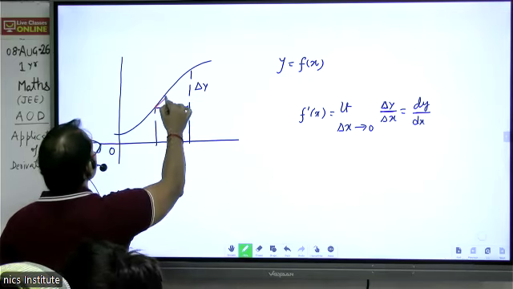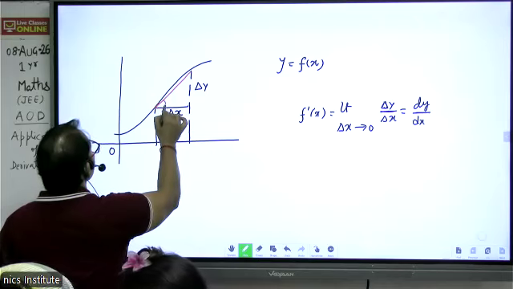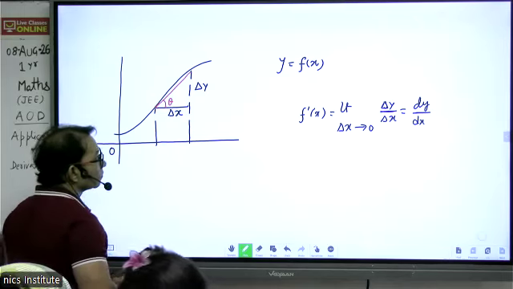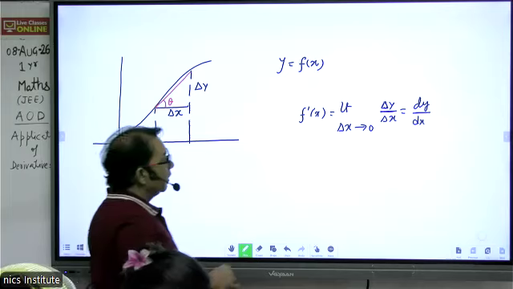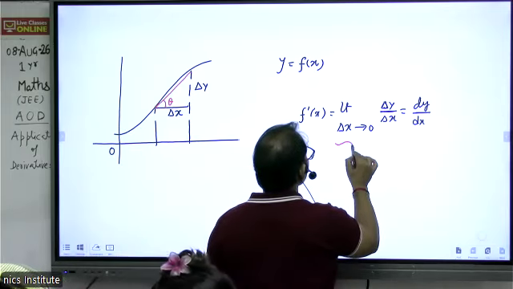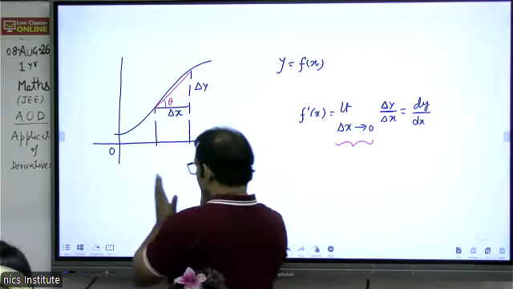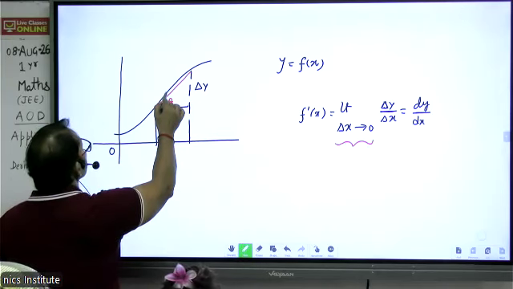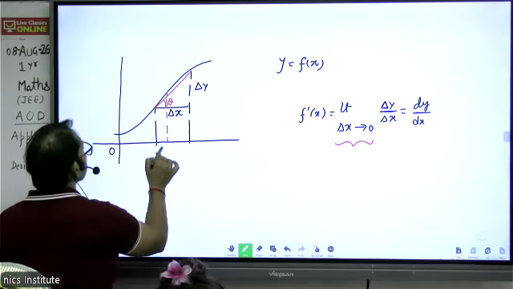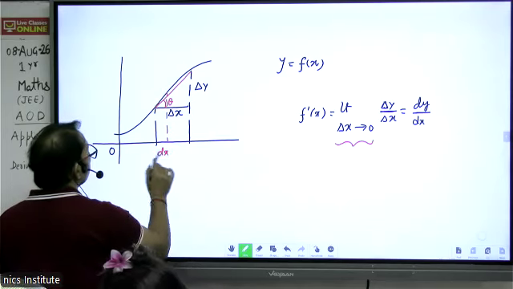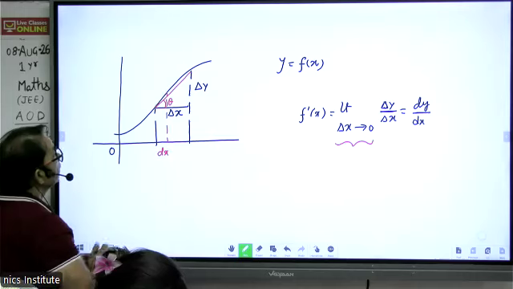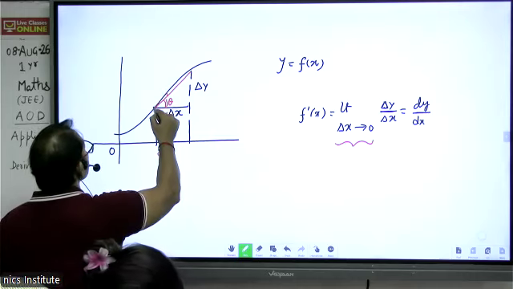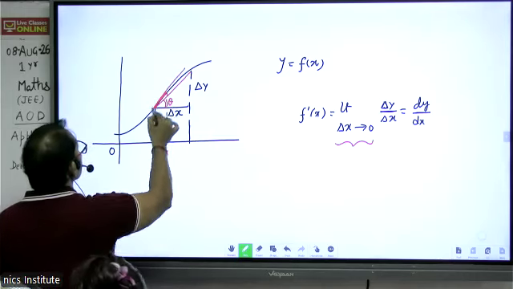If I complete this triangle, this angle would be theta, right? If delta x is tending to 0, that means dx is extremely small. This triangle would be almost this, because dx is almost tending to 0. So this line would be basically tangent to this graph.